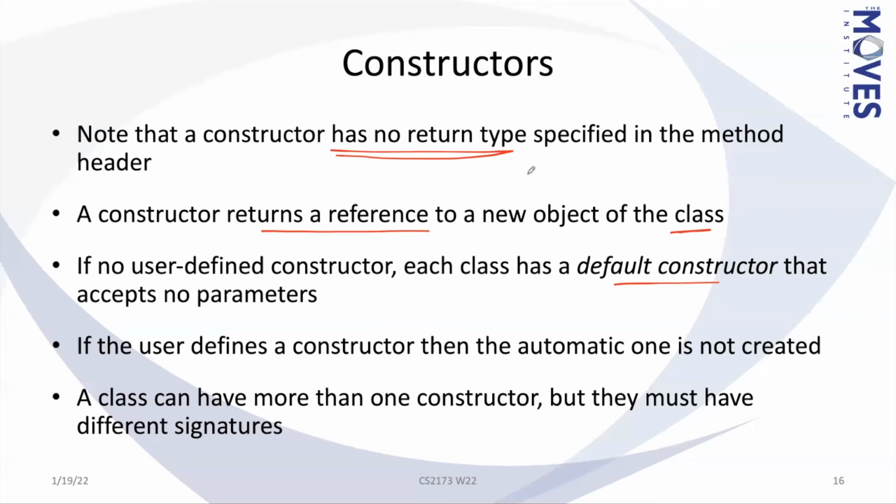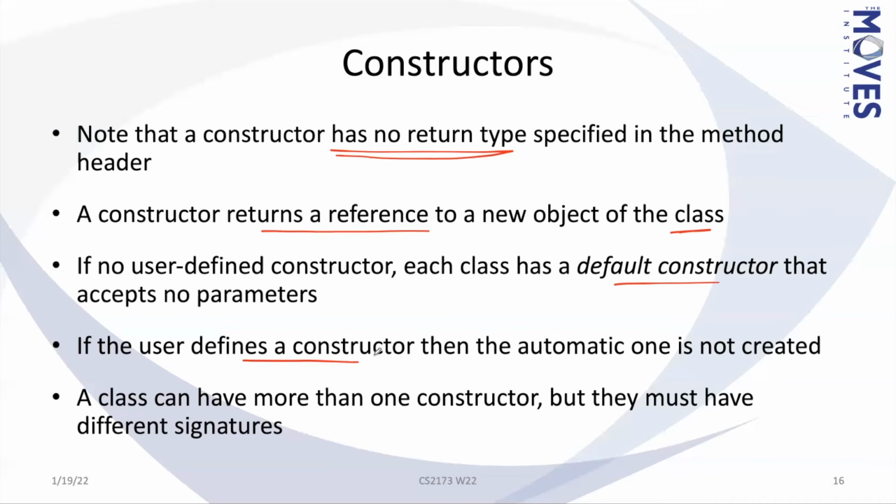So if you don't define a constructor, then it creates one for you. However, if you define a constructor, as we did in the account, as you did in the playing card, then the automatic one is not created.